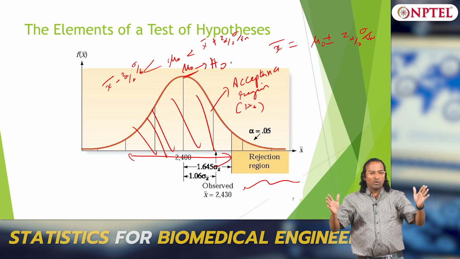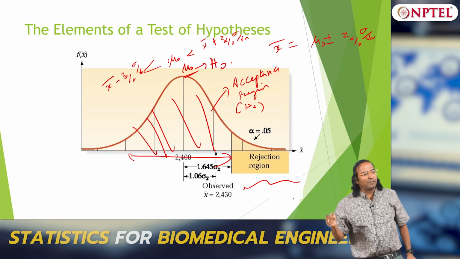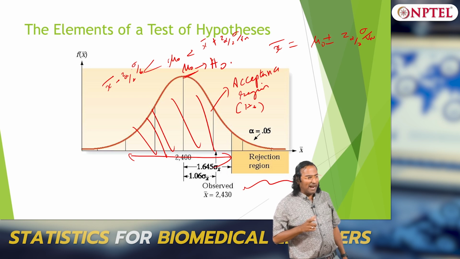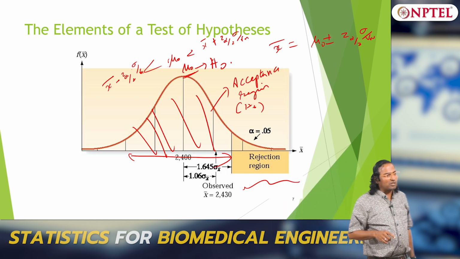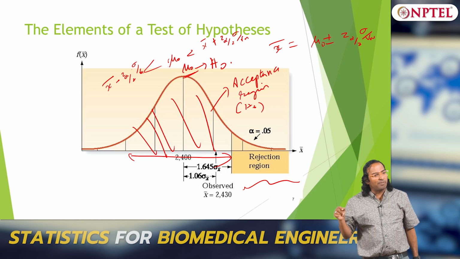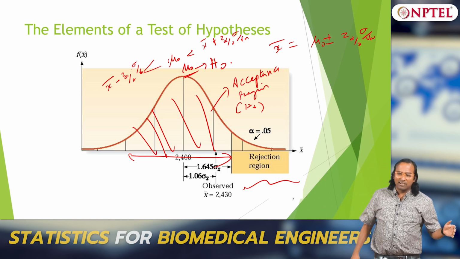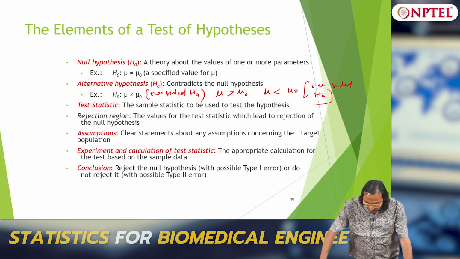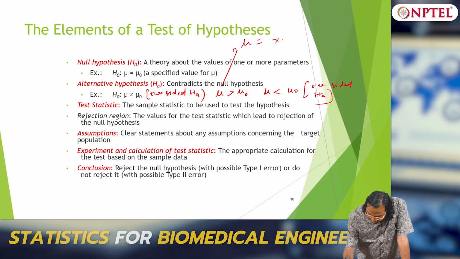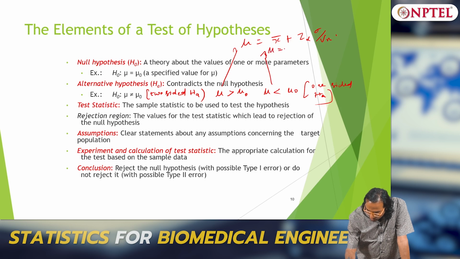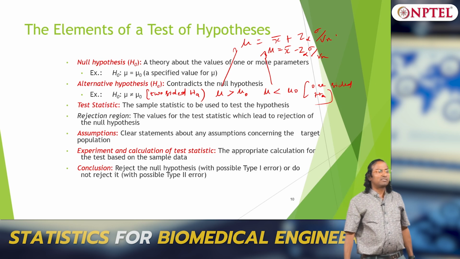So I will not do alpha by 2, I will use z alpha for a one sided test. For the right hand side, mu equals x bar plus z alpha into sigma over root n, and for the left hand side, mu equals x bar minus z alpha into sigma over root n.